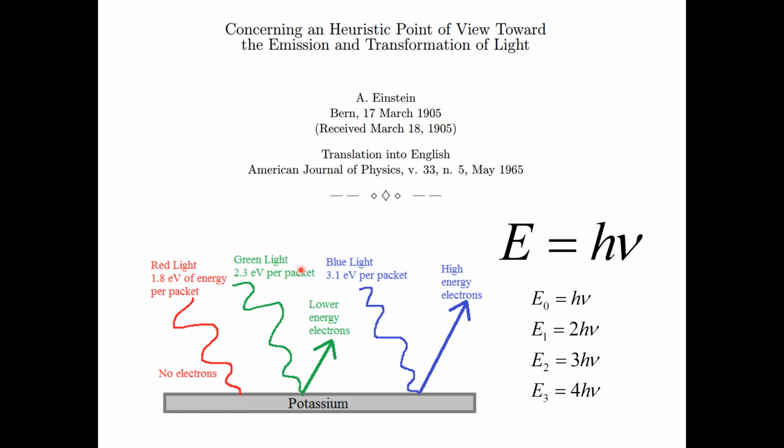But once you get to certain colors like green or blue, you'll eject electrons with a kinetic energy that is proportional to the energy of that light, where the energy of a light packet is E equals h, which is Planck's constant, times nu, which is the frequency, right? And as we know from quantum mechanics, the energies that are available to light are quantized. But again, they didn't know that before Einstein wrote this paper. So let's read Einstein's paper to see how he came to this conclusion.